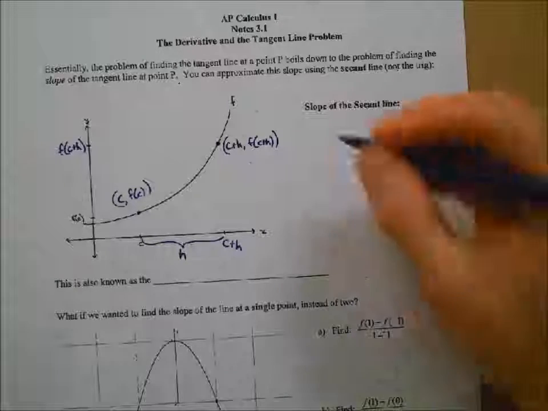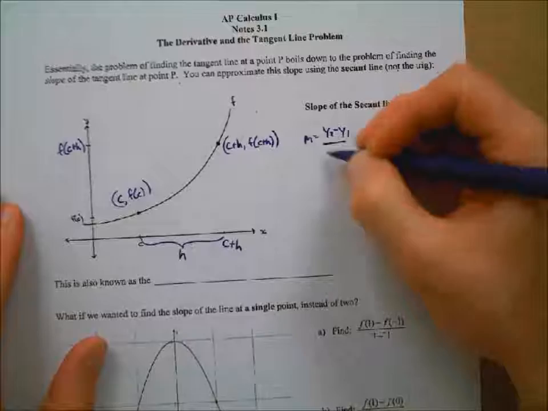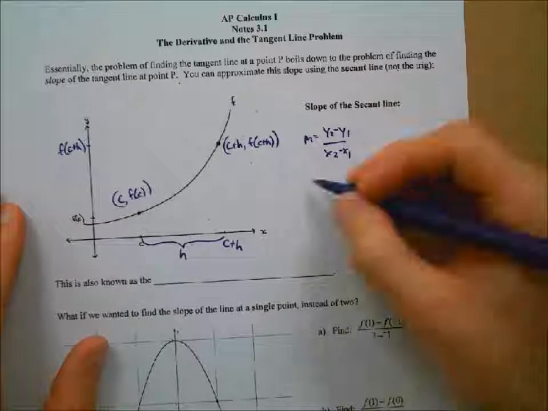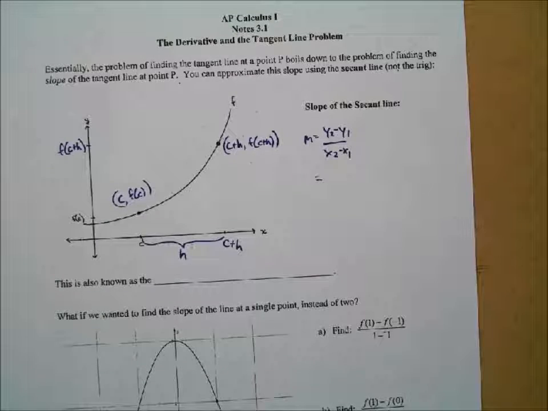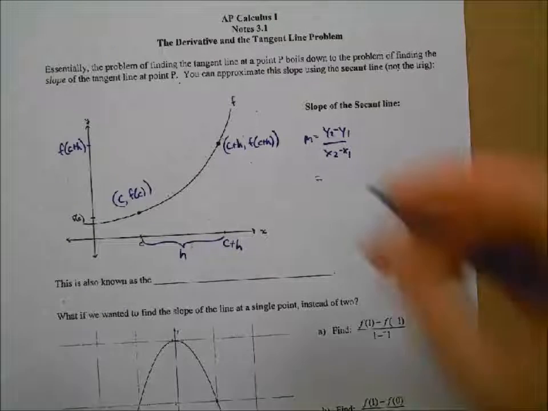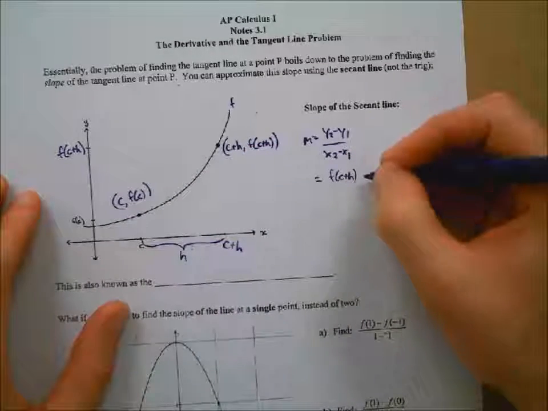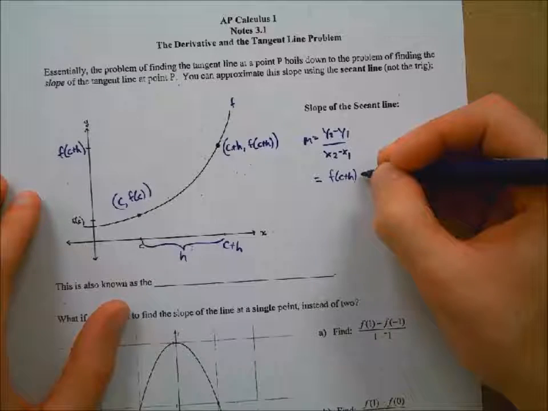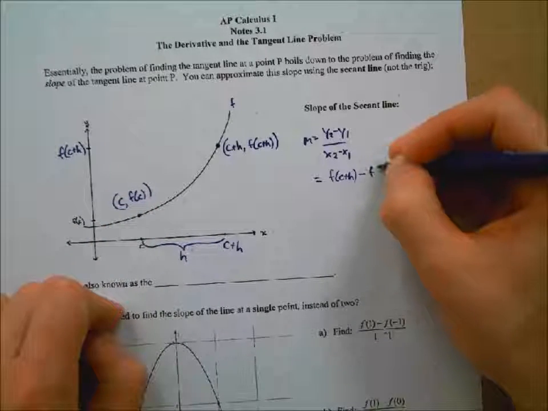Well, it'll be m equals y2 minus y1 over x2 minus x1. Okay. What is our second y-coordinate here? F of c plus h. F of c plus h there. What's our first y-coordinate? F of c, the other y-coordinate there. So minus f of c. All over.